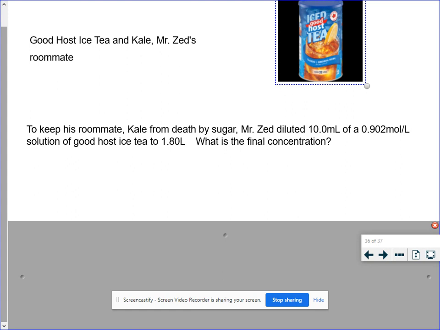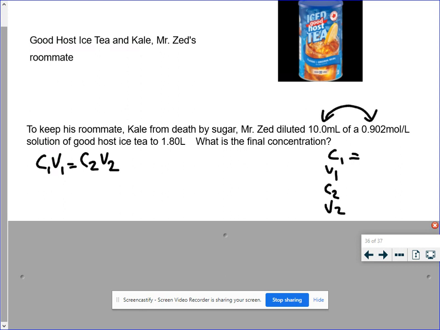Okay, so dilution is C1V1 equals C2V2. That's our formula. And then if we write our toolbox over here, C1V1, C2V2. So what's the initial concentration? Well, our first system has 0.902 moles per liter.